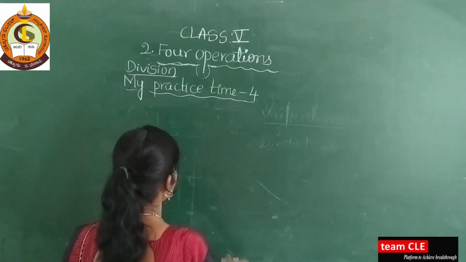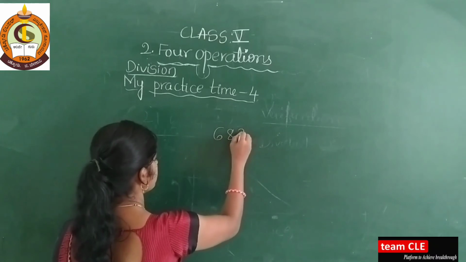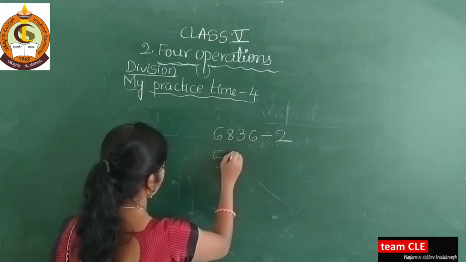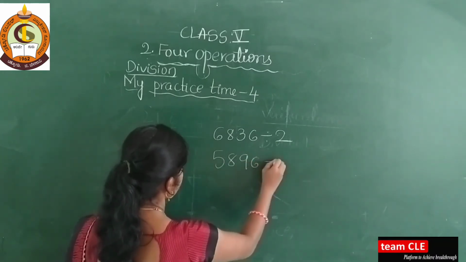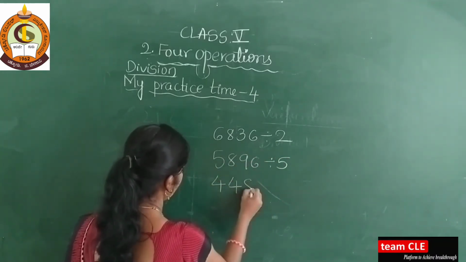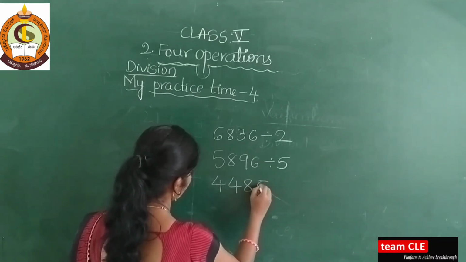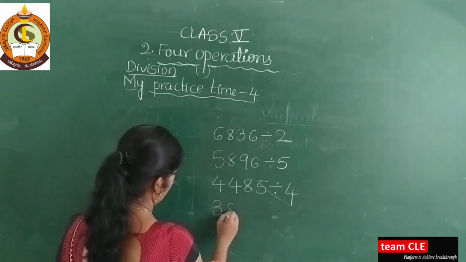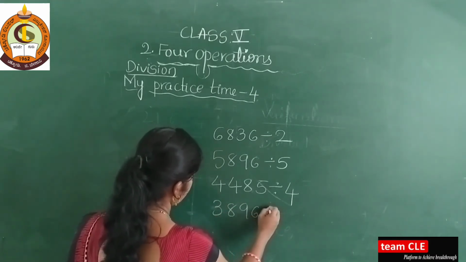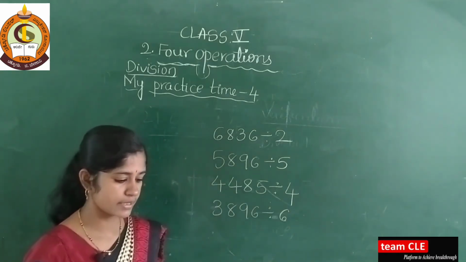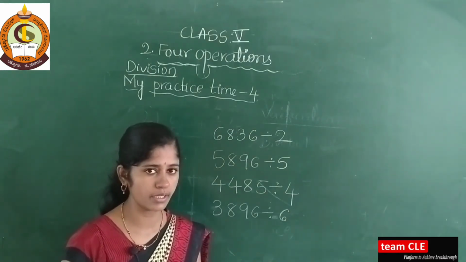So take here: 6836 divided by 2, 5896 divided by 5, 4485 divided by 4, next 3896 divided by 6. Solve these examples and send them to my personal number.